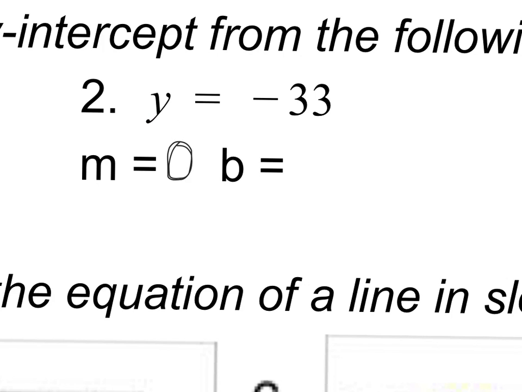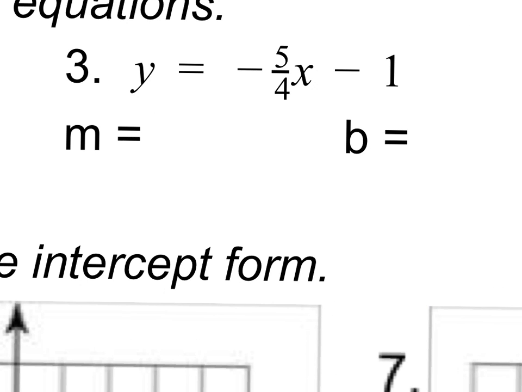And where the line crosses the y-intercept is negative 33. So again, if you do not see an x, that means your slope is 0, meaning that you have a horizontal line.